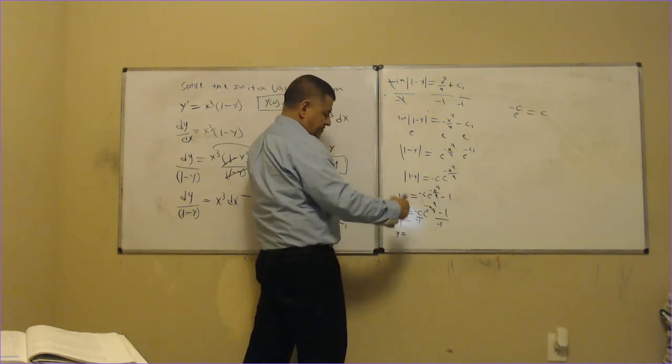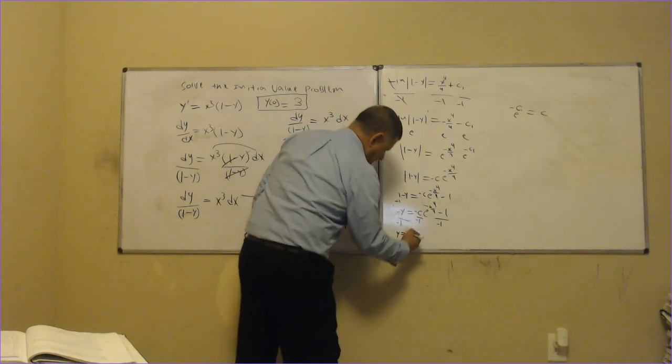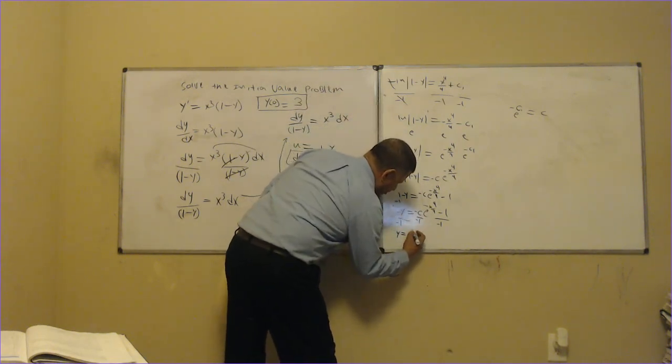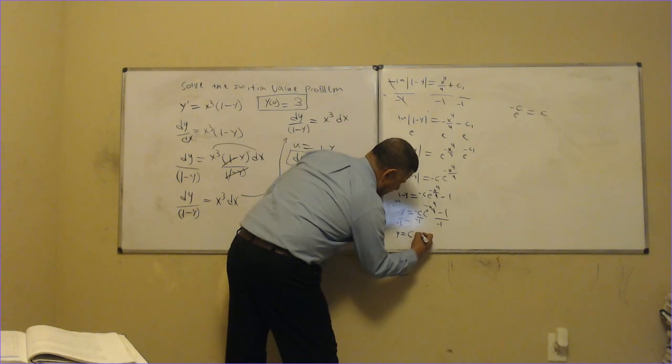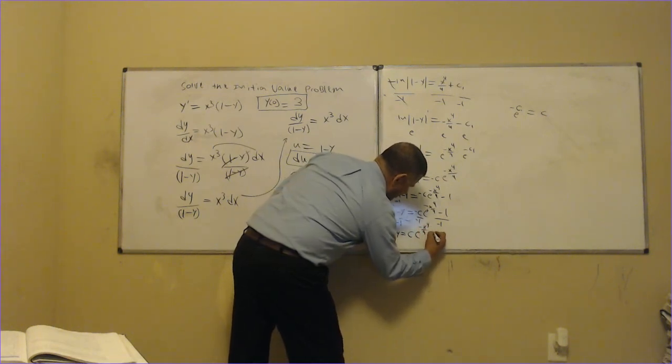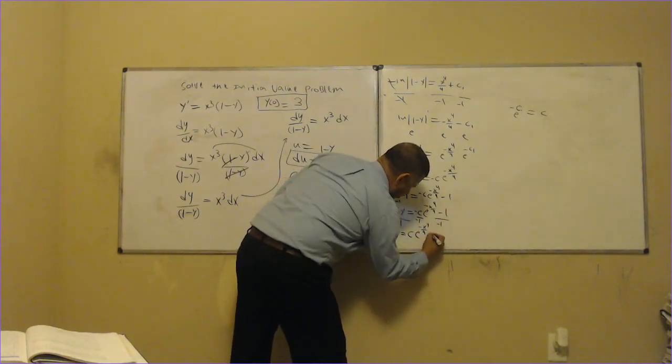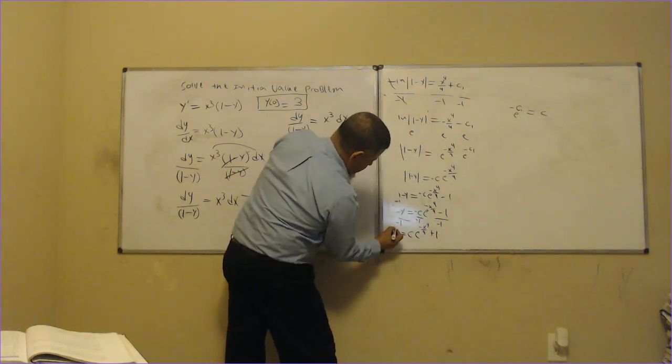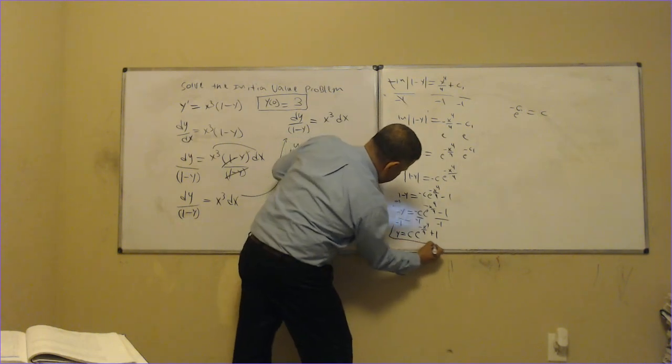Negative divided by negative is a positive. Now that guy is equal to C e to the negative x to the fourth over 4, and then that guy right here plus 1.